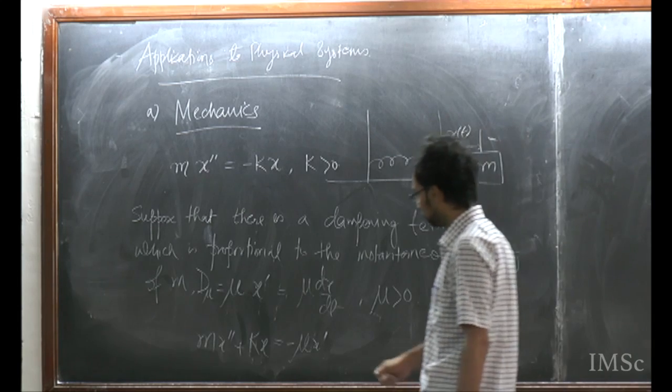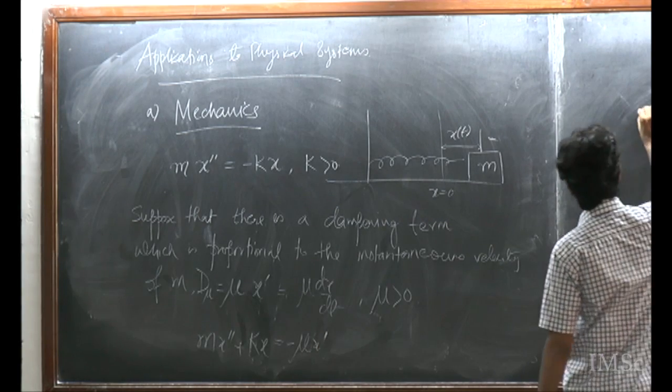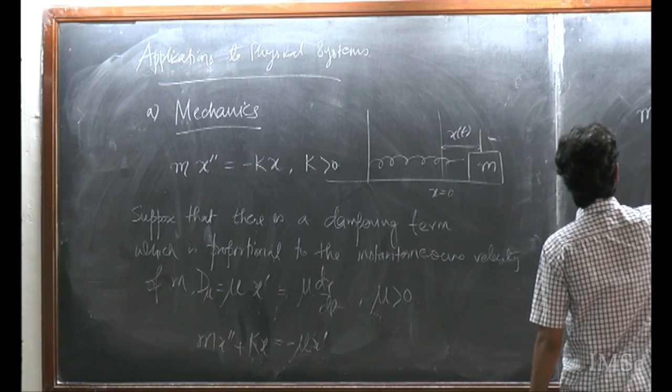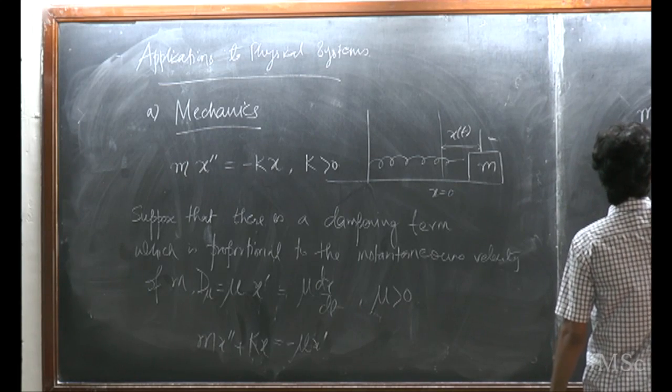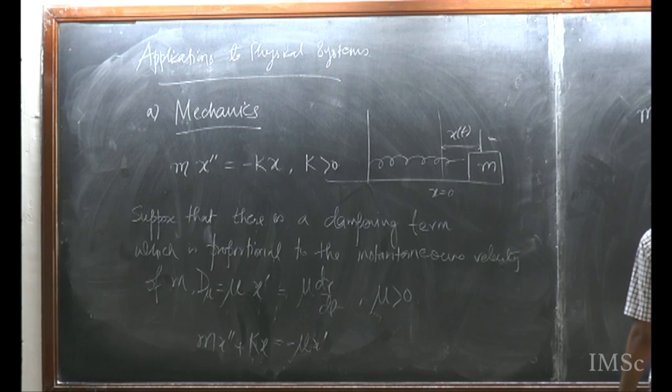So let's try to solve this kind of problem. You have m x double prime plus mu x prime plus kx equals 0. Now let me take initial conditions x of 0 equals x naught and x prime of 0 equals v naught.